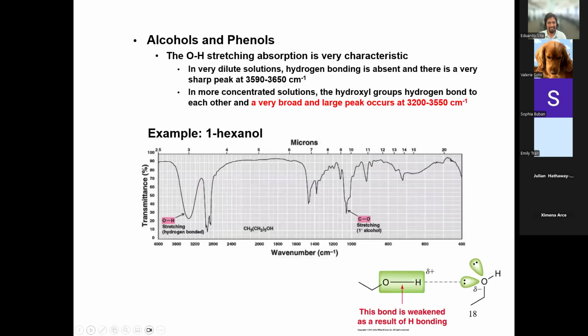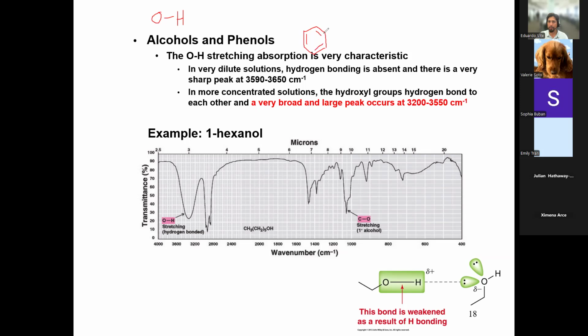All righty. Now let's talk about alcohols and phenols, right? An alcohol is also called a hydroxide. Alcohol is just O single bonded to H. And a phenol is a benzene ring that has an OH. So be careful. I see people use the two interchangeably.